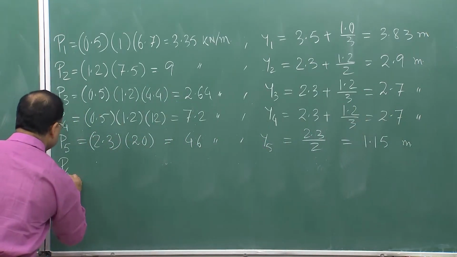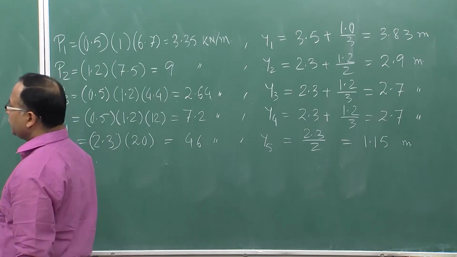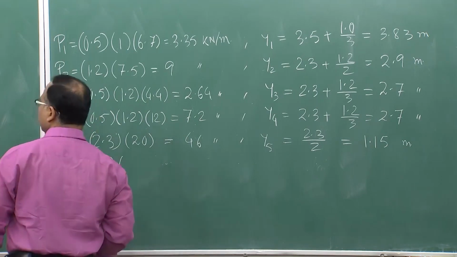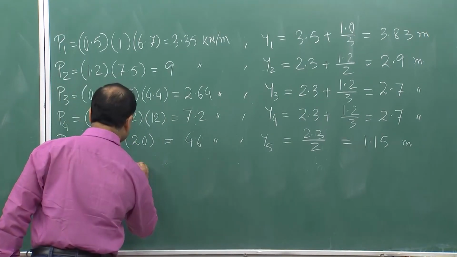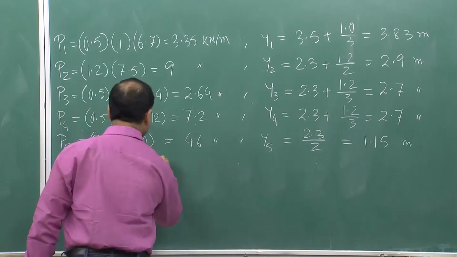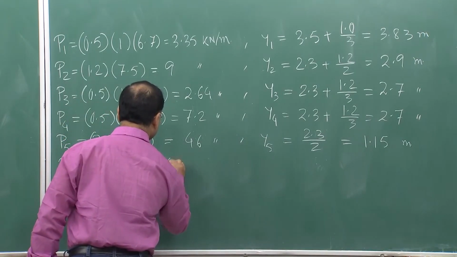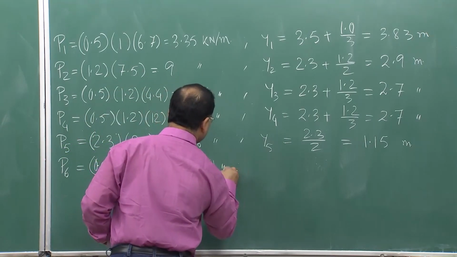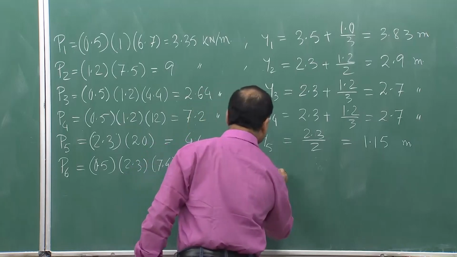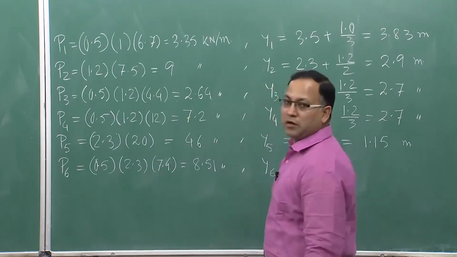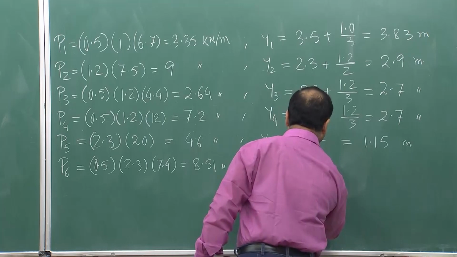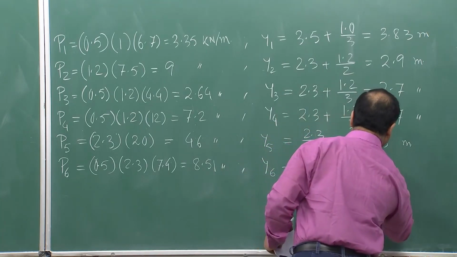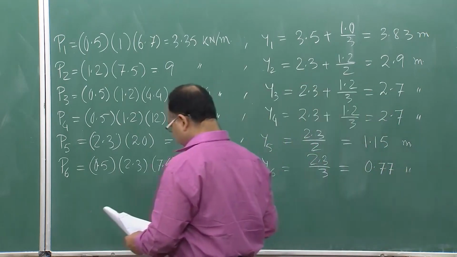Then P6, that is a triangular distribution. So, that is 0.5 into 2.3 into 7.4, which is equal to 8.51, and Y6 is equal to 2.3 by 3, which is 0.77 meter.